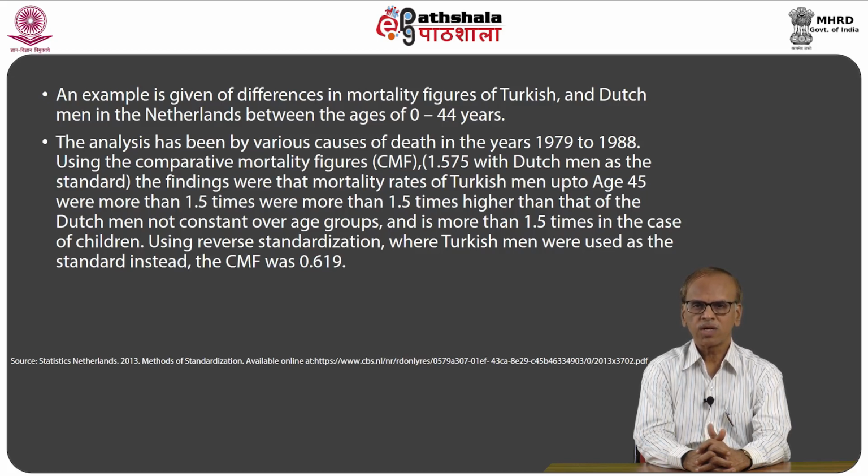Using the comparative mortality figure, CMF, of 1.575 with Dutchmen as the standard, the findings were that the mortality rate of Turkish men up to age 45 was more than 1.5 times higher than that of the Dutchmen, not constant over age group, and is more than 1.5 times in the case of children.